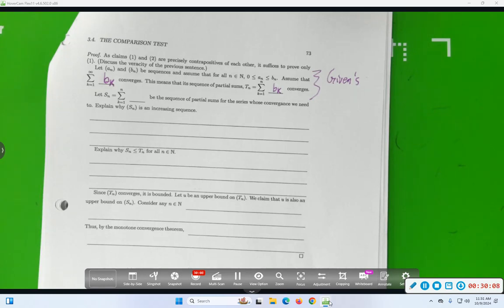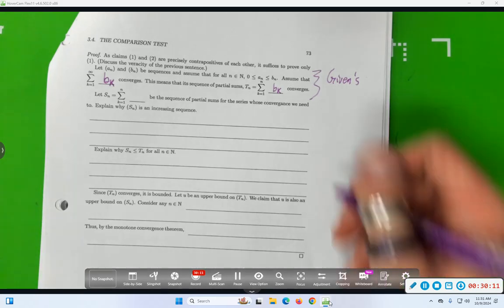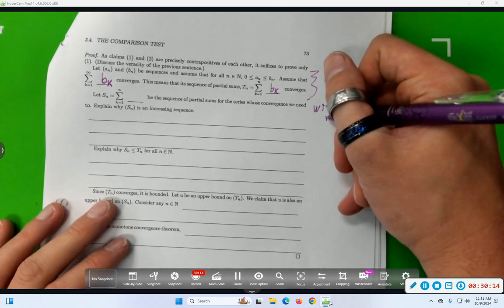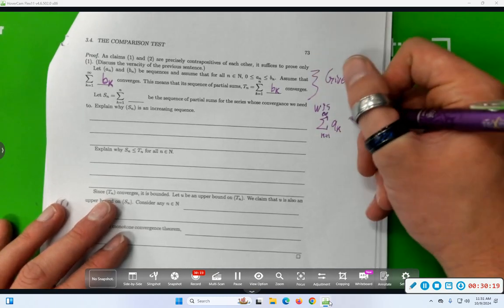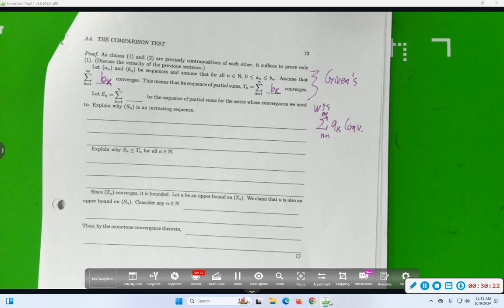Now let's try to unravel what we want to show. We want to show the sum of the AKs converges. And let's try to parse that out. What does it mean for the infinite series to converge? We have a definition at the start of this packet, right? What does that definition say?